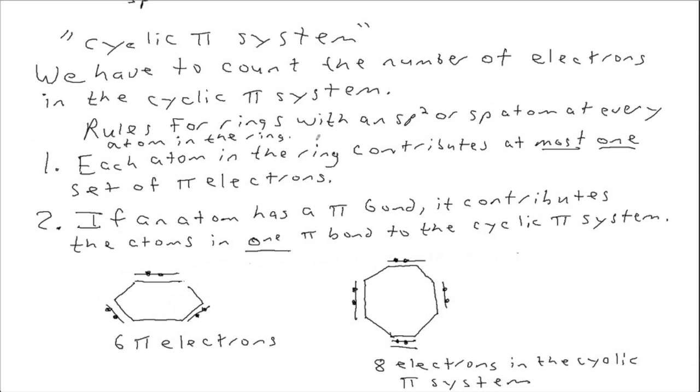Those are rings that are called completely conjugated. So these rules only apply when the ring is completely conjugated. An sp2 or an sp atom at every atom in the ring. But that's the only type of example that we're going to need to deal with in this chapter. So for the examples in this chapter, these are all the rules that we'll need.